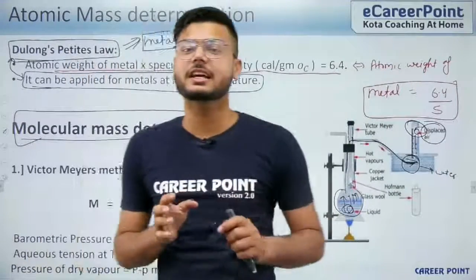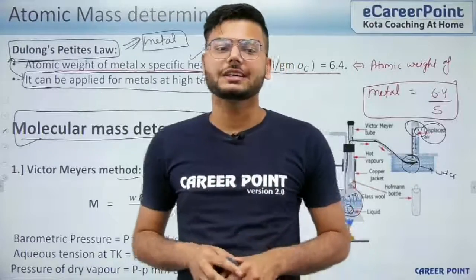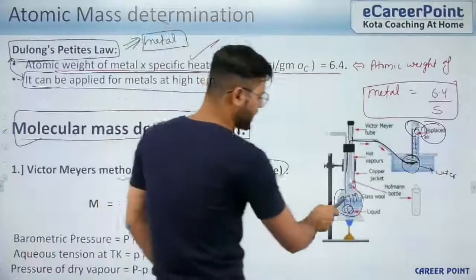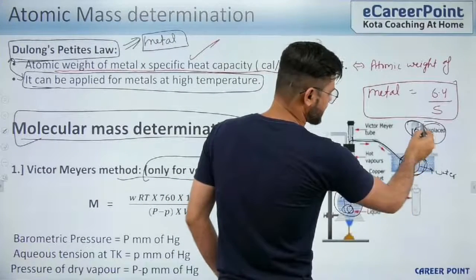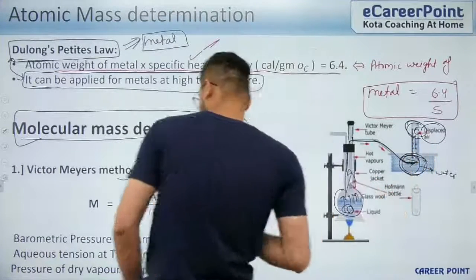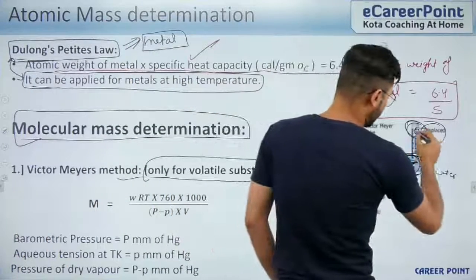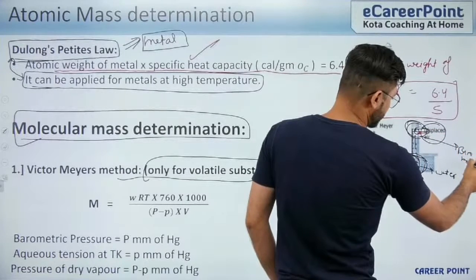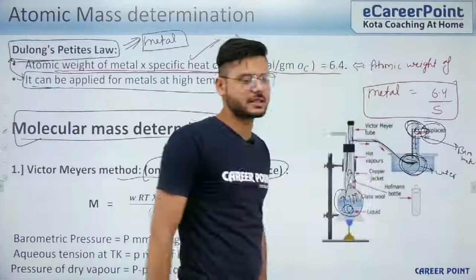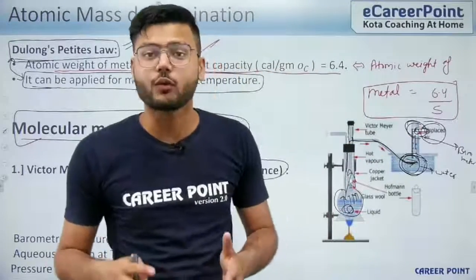For getting the exact pressure of the gas or the vapor of the liquid, we need to subtract the water vapor pressure, which is of course present in it. We will have a barometer here, and we will measure the pressure. When we measure the pressure, that will include the surface tension of the water.